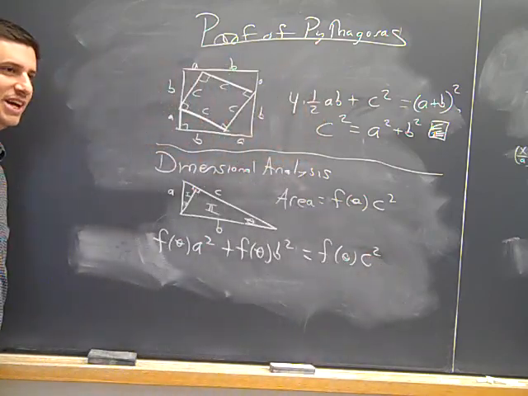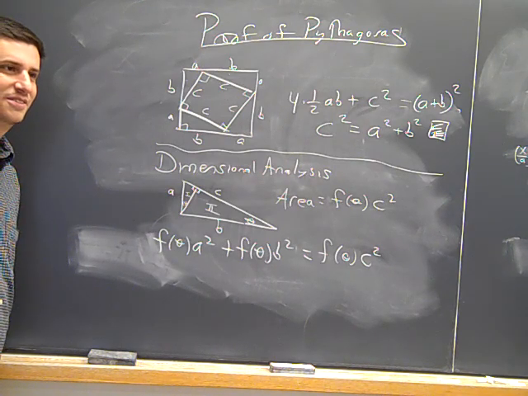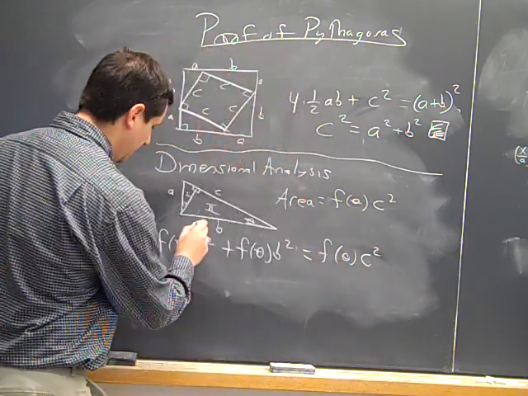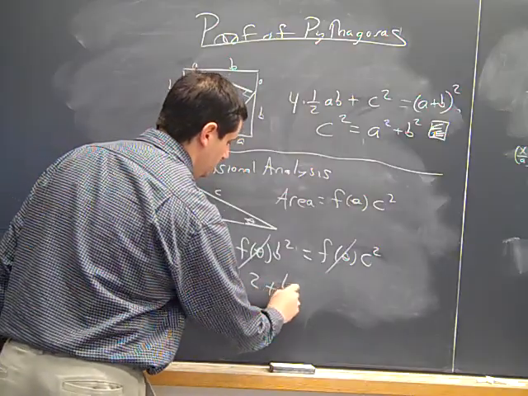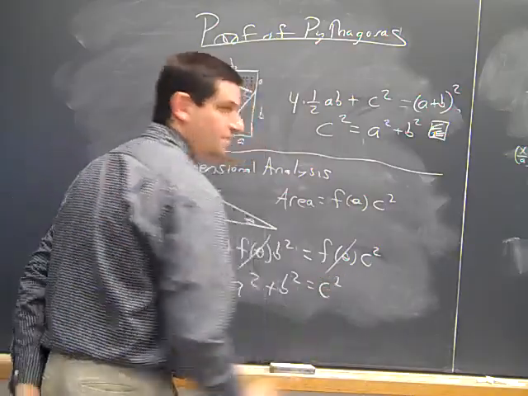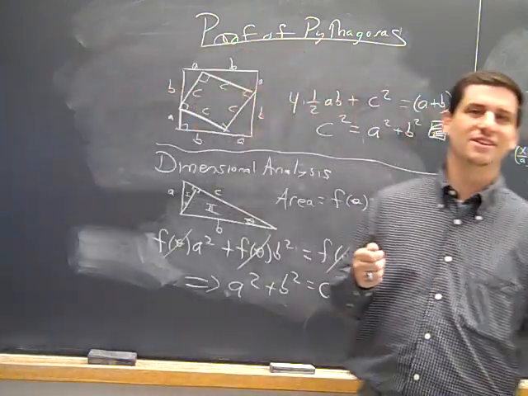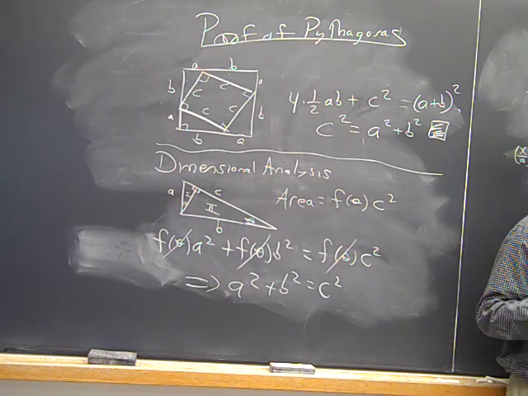Okay, now what would everybody like to do? Okay, are you allowed to do that? It's all the same theta. So can we just cancel and get a squared plus b squared equals c squared? What if f of theta is 0? Could f of theta be 0? That's the only issue we have, is if the f of theta is 0. What would it mean for f of theta to be 0?